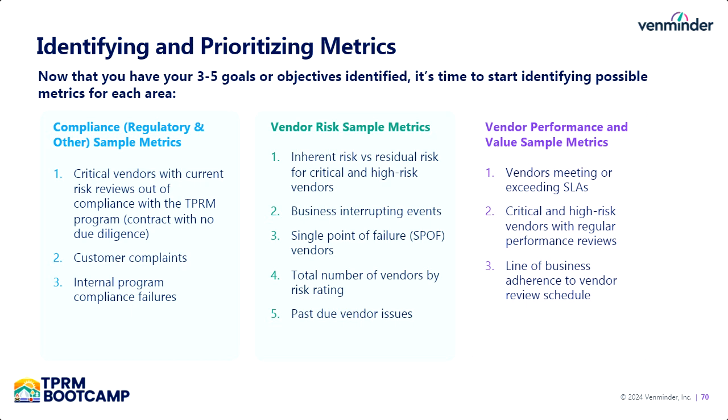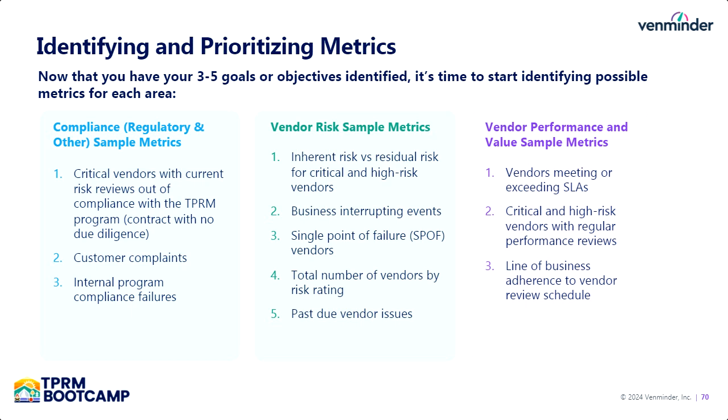So once you've identified your objectives, it's really important to start identifying what metrics are going to demonstrate that you're meeting the objective. Now we, of course, said that regulatory compliance was our number 1 goal. So we'd start thinking about the most relevant metrics or data points that would show that we're meeting that objective.